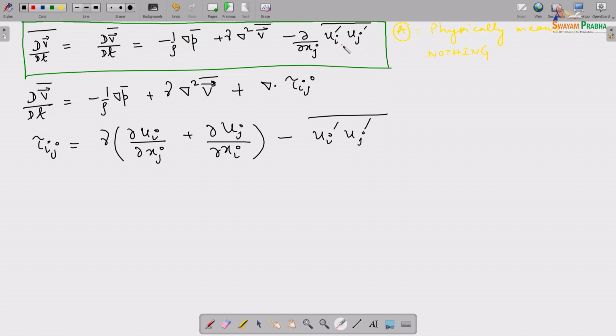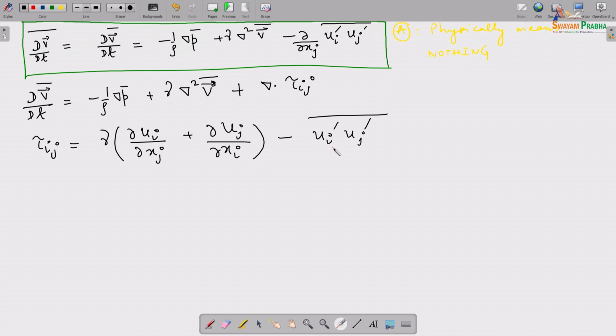Take, say, i equal to 1 and j equal to 1, that will be one term, and then take the gradient of tau 1 1 and see what you get. So if I do that, this is what I get here.